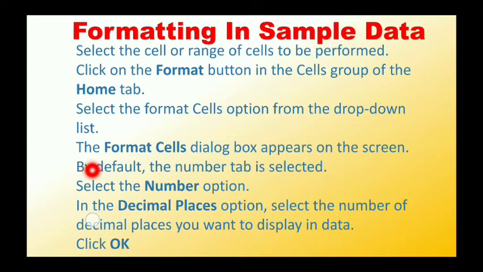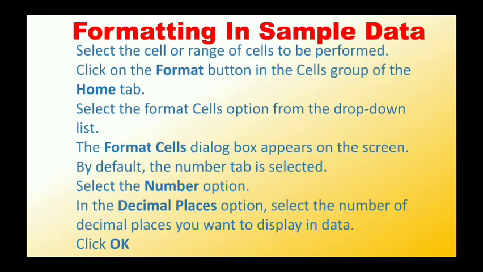Then the format cells dialog box appears on the screen. In that dialog box, the number tab is selected by default. Now we can select the number option, and in the decimal places option we can select the number of decimal places that we want to display in the data.